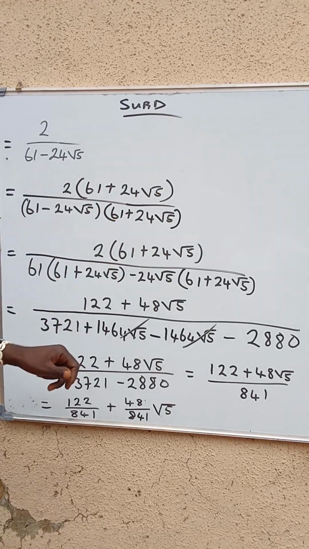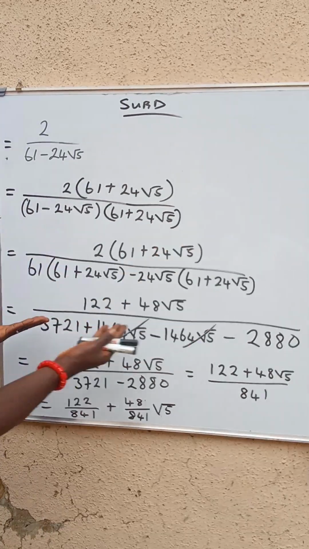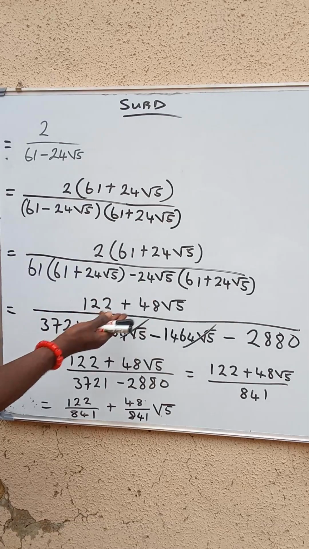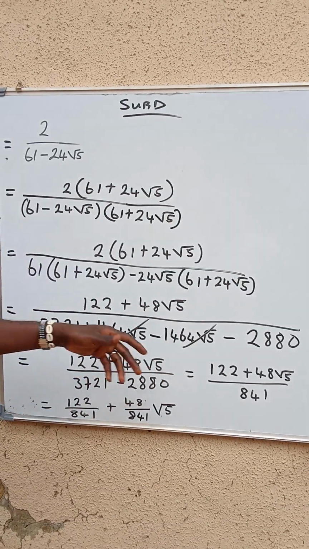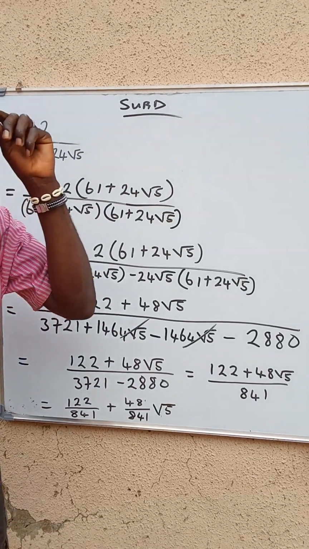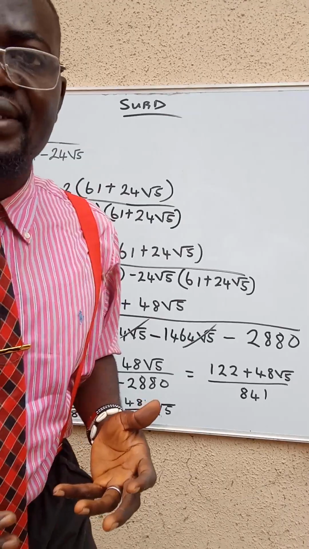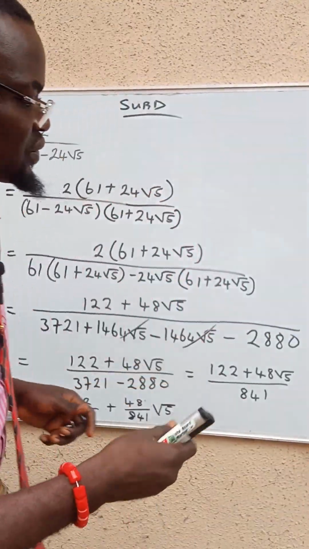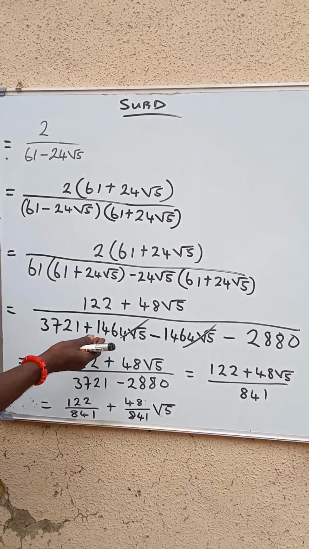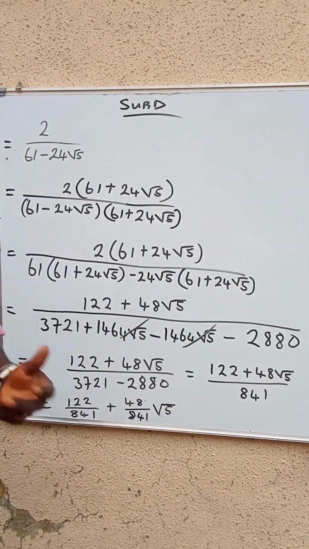Now, we came here, we open it the same way we have been opening it. I said you open your bracket, which you did. Then we said that the only thing we want to achieve when they say rationalize is for us to remove the root from the denominator. I told you from the beginning, and when we came here, the roots took care of each other.